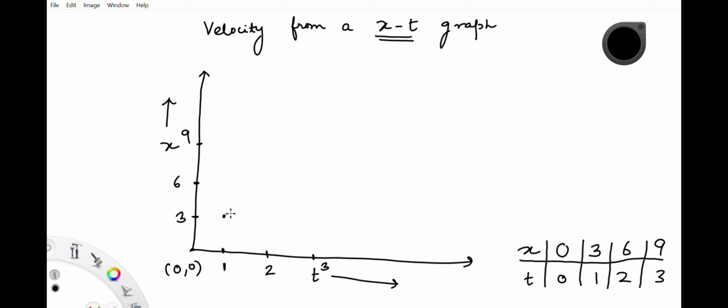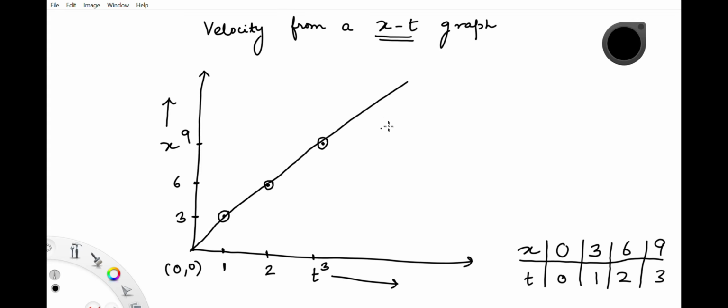So we have our coordinates as 0, 0, 1, 3, as you can see from the table, 2, 6, and 3, 9. So it's a linear graph, and you get a straight line graph over here.